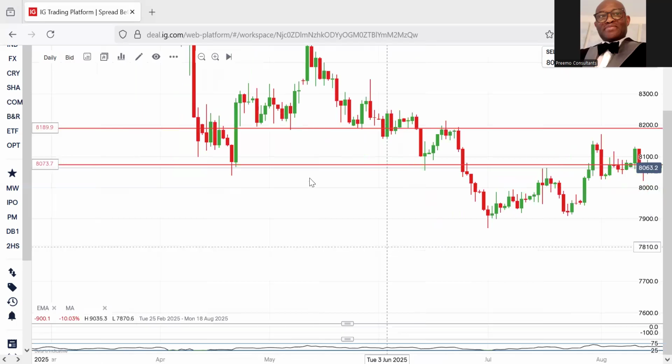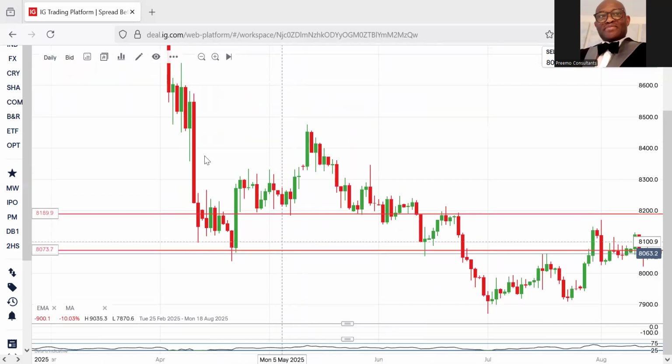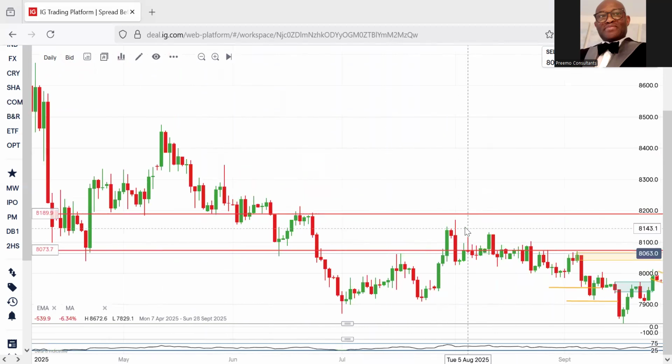What we observed is when price came here, from a bit of support, went back again. So we saw a bit of support around this area. Support came down, formed some resistance around this zone again.